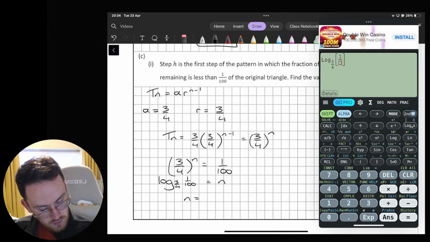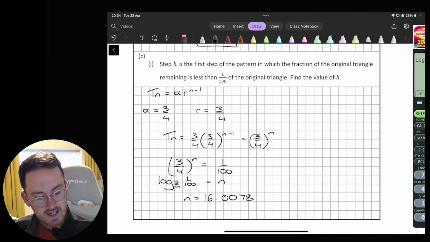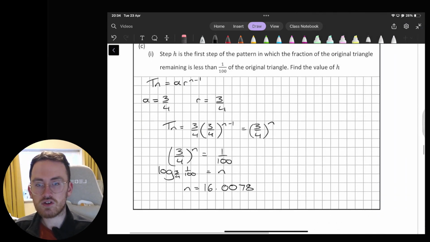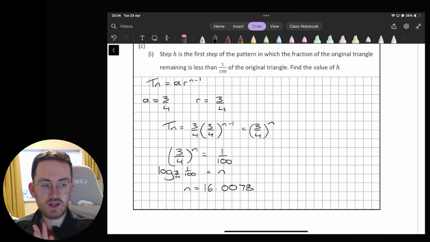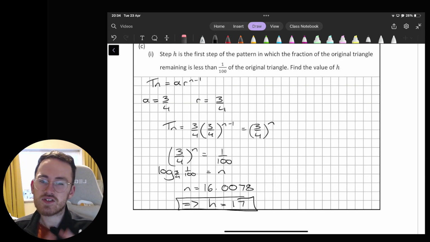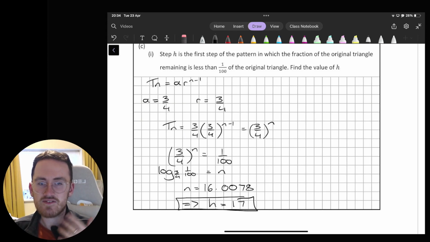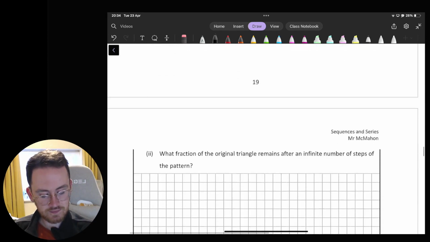So 1/100 gives me 16.0078, and that is telling me that to be less than 1/100, because we're reducing by 3/4 each time, I'm going to have to go up to the next term, which means H is going to be 17. So just over 16, I've reached 1/100, so I need to go on to 17 to say that I've definitely exceeded that value.